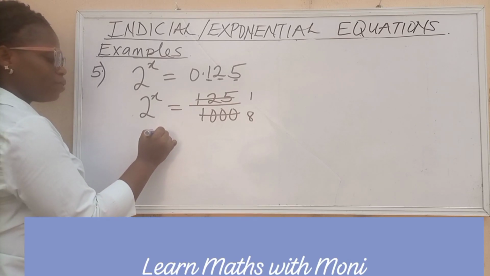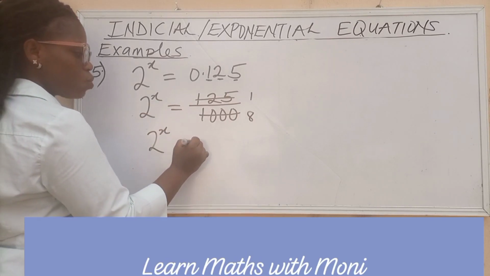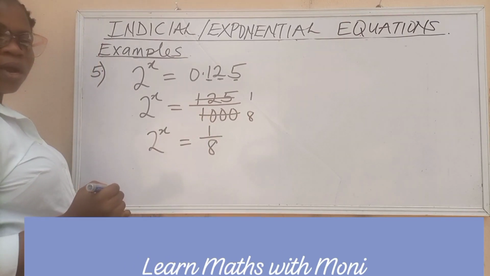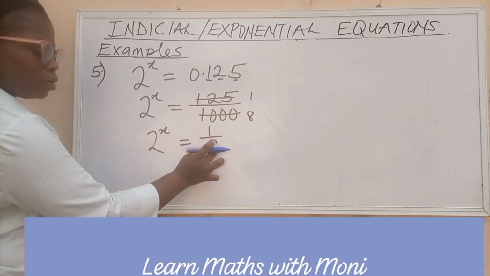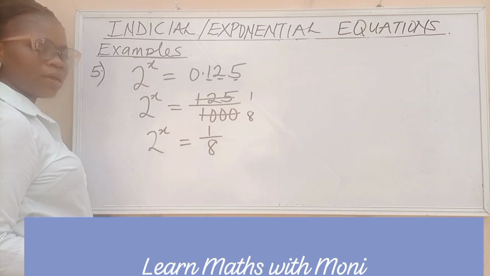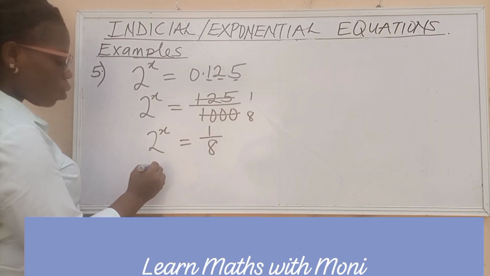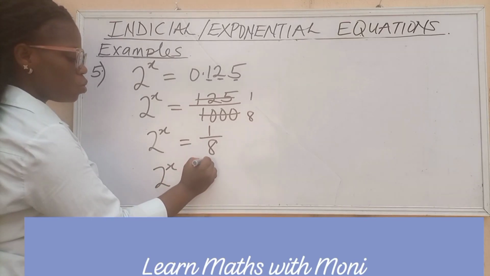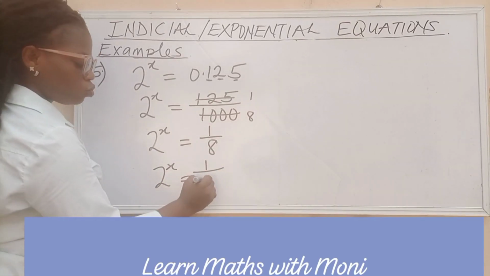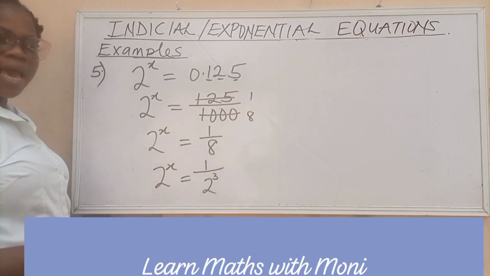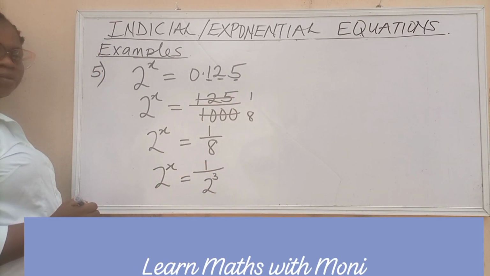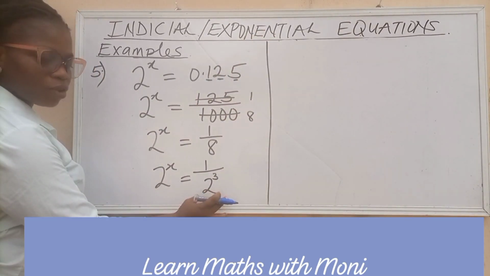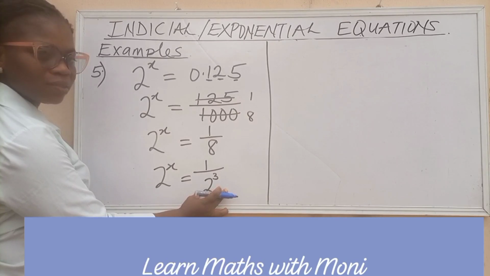That means I have 2 raised to power x equals to 1 over 8. Now it is becoming clearer. I can write it as powers of 2. So I have 2 raised to power x equals to 1 over 2 raised to power 3. 8 is 2 raised to power 3. Using the inverse law of indices, we can write this.